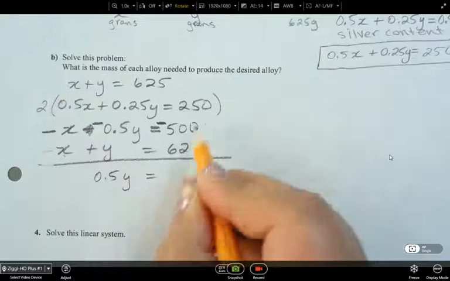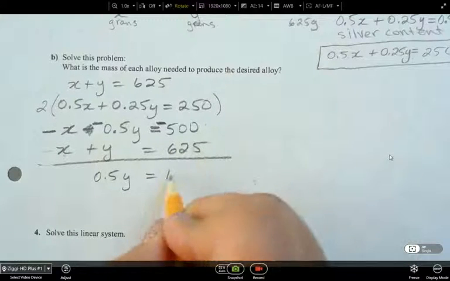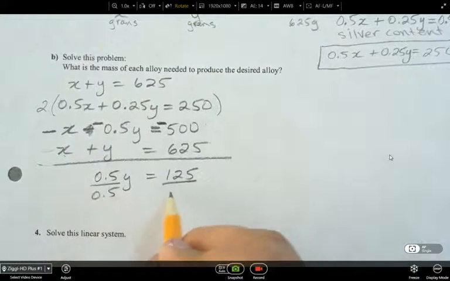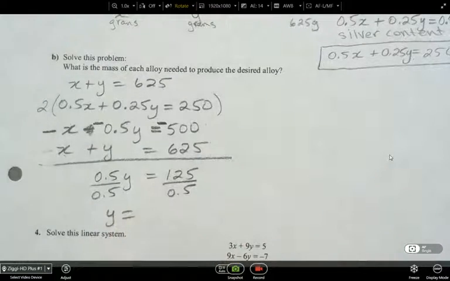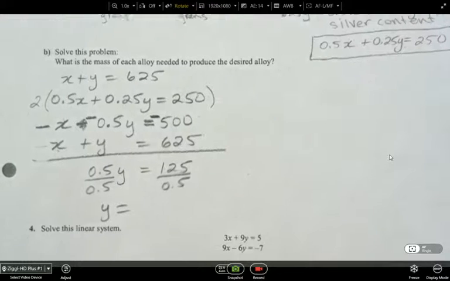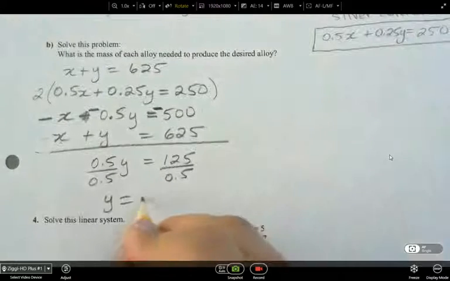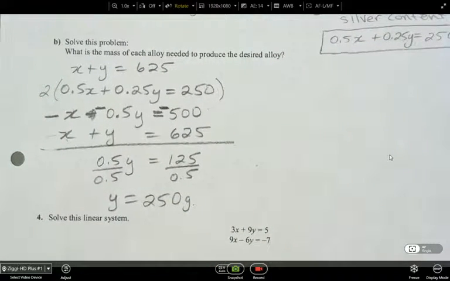What do I end up for my constant? 125. Okay, so divide both sides by 0.5. And so then y equals 125 divided by 0.5. That's the same as multiplying by 2. Okay, so y is 250 grams.